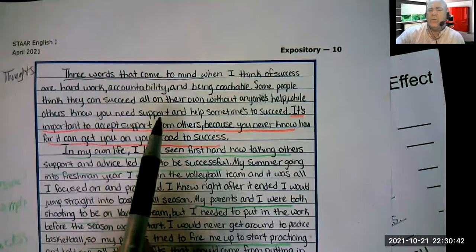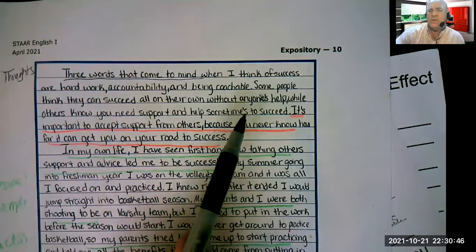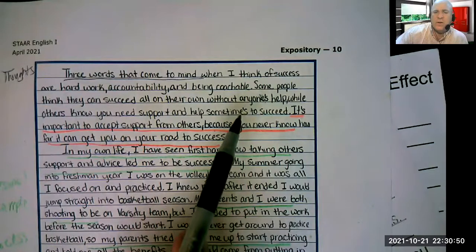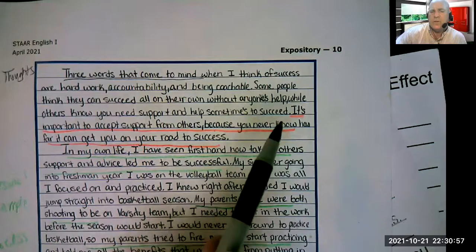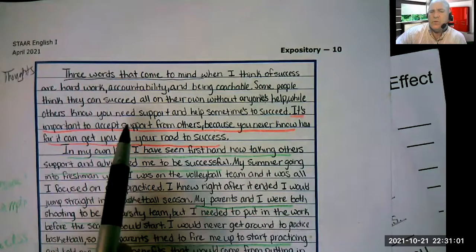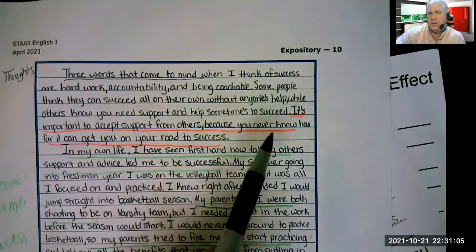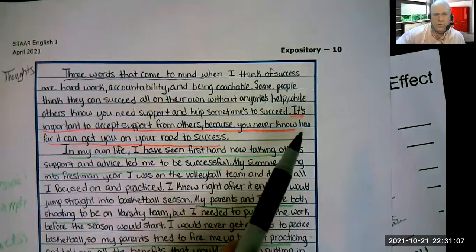Now, that he or she made a mistake and put an apostrophe S, you're not going to lose a 3 or a 4 just because of one grammar mistake. No one's going to be perfect. Here comes a thesis. It's important to accept support from others because you never know how far it can get you on your road to success.